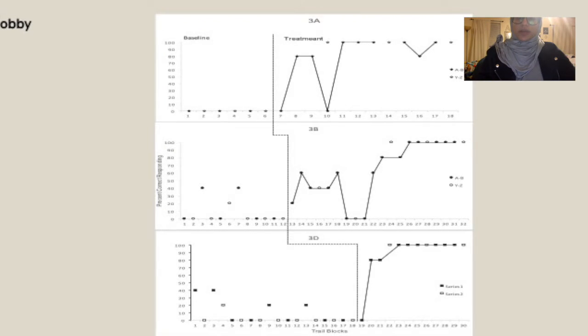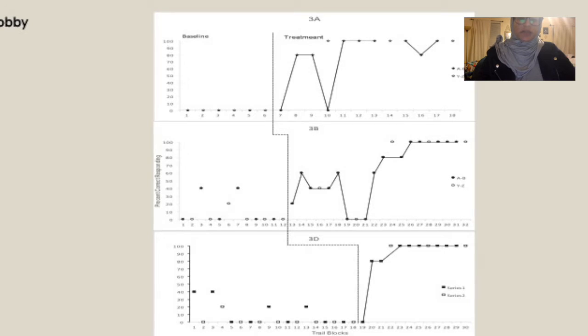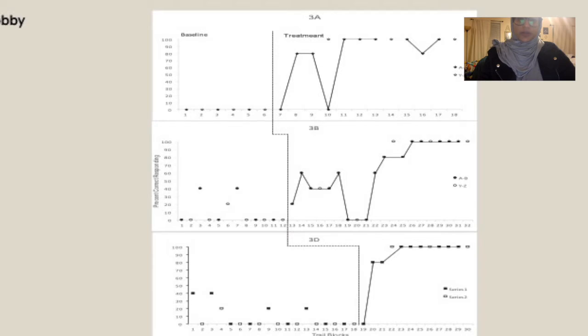For the last program, 3D, distinction, picture discrimination, the training trial blocks are represented with the closed, filled-in square, while the test trial blocks were represented with the open square. During baseline, responding ranged between 0 and 40% correct responding, and a stable pattern of responding was observed after the 3rd trial block.